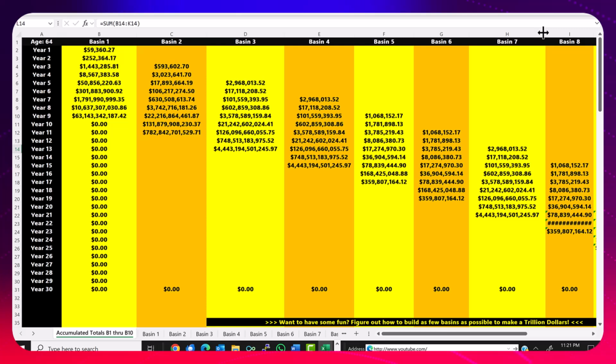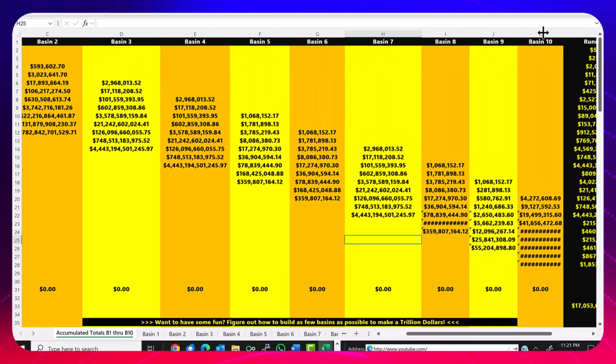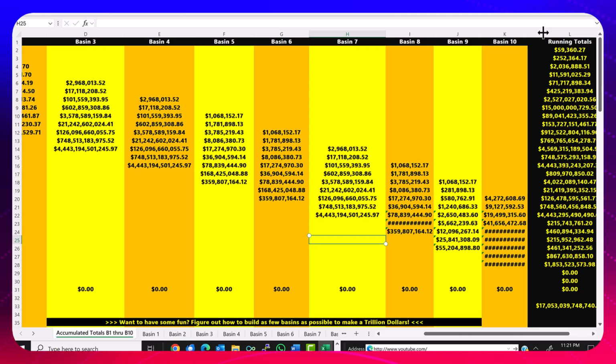This is a ridiculous number. This is like 4.4 trillion. Okay, we're still having trouble here with numbers. This is basin 7. For some reason, it has 4.4 trillion in there.